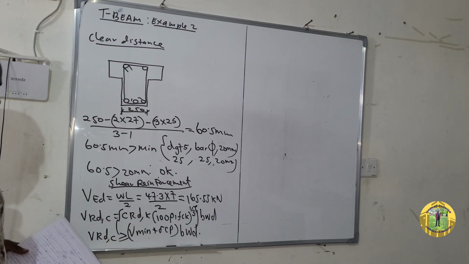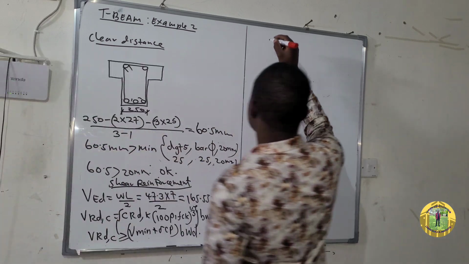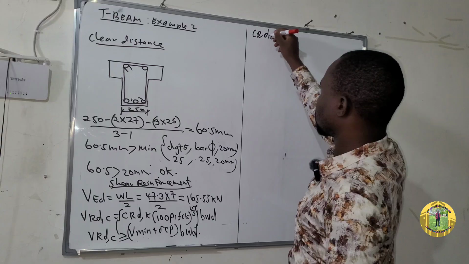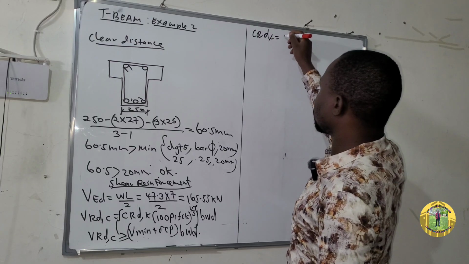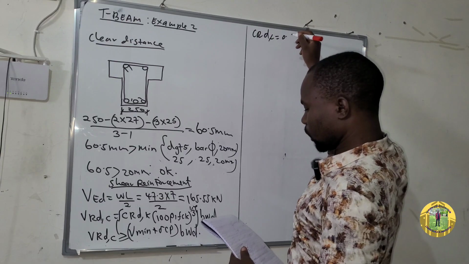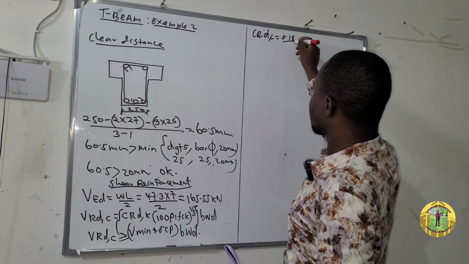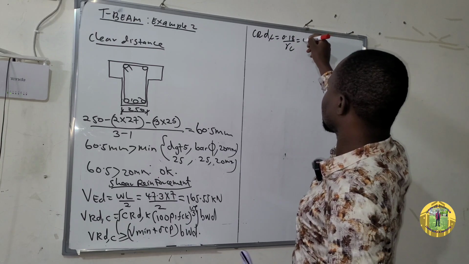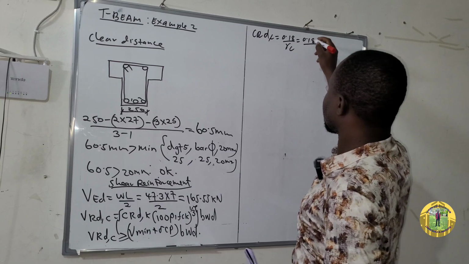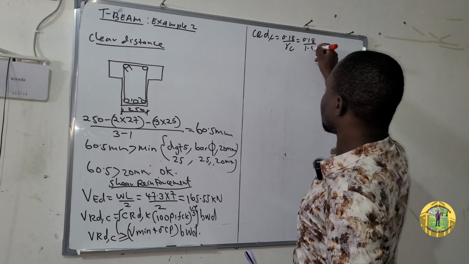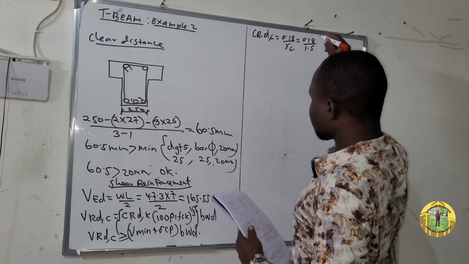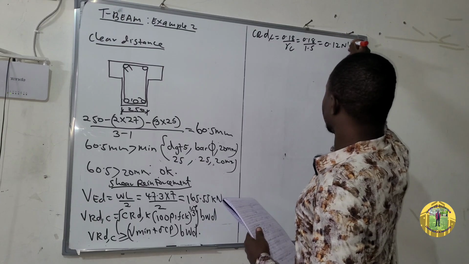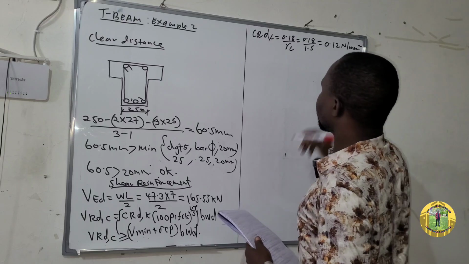So we have CRDC, this one is equal to 0.18 over partial safety factor 1.5, which is equal to 0.12 Newton per millimeter square.